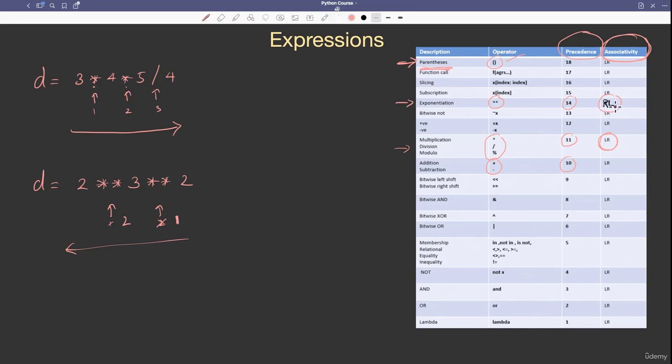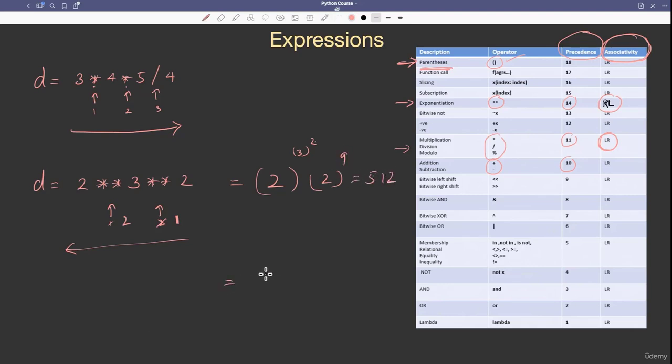So what does 2 power 3 power 2 mean? This means 2 power, and this is 3 power 2. First 3 power 2 is done, so this is 9, and 2 power 9 is 512.